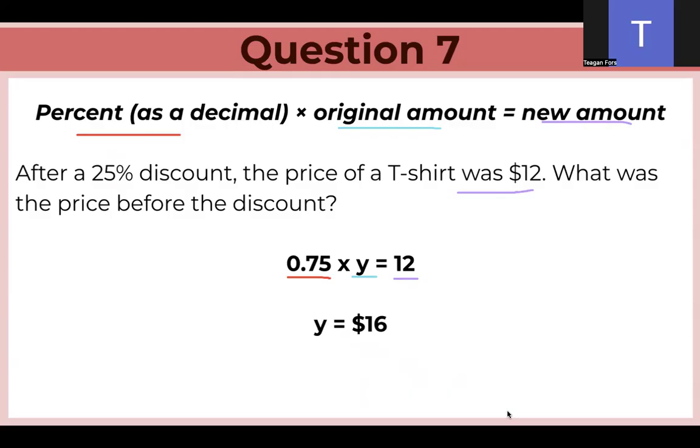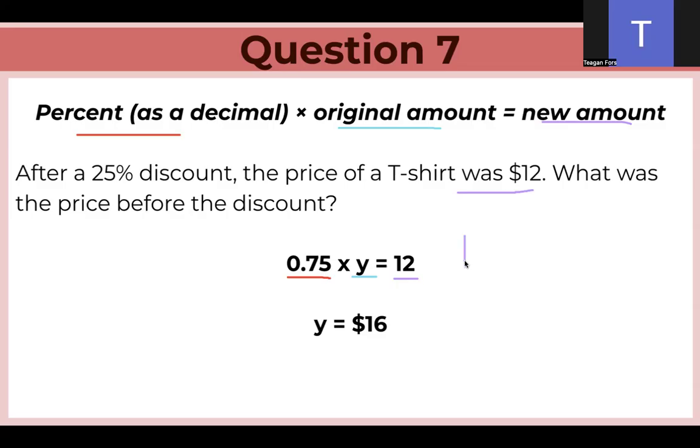You should have gotten that y is equal to $16. How I did that is as follows. If you remember the trick that we've talked about a lot this year, we know that when we have a situation like this where I'm multiplying a number times a letter and I don't know what that letter is, I can work backwards to figure it out.